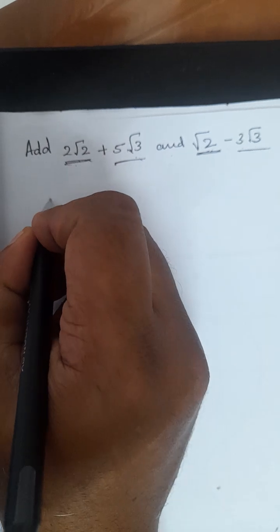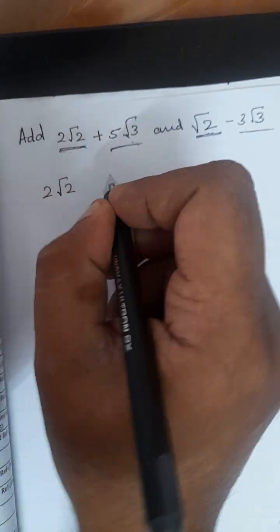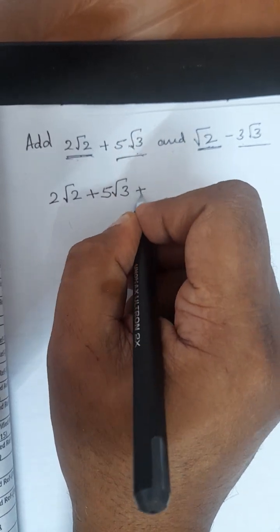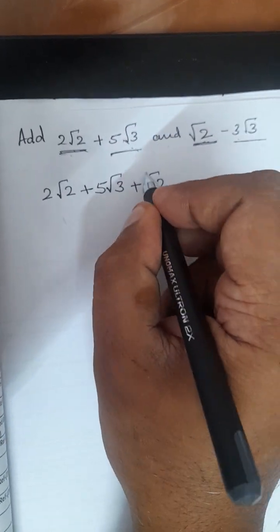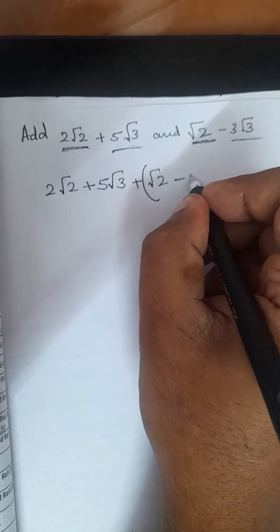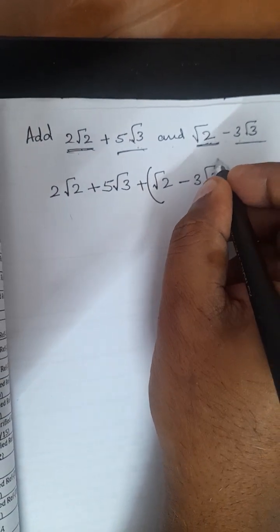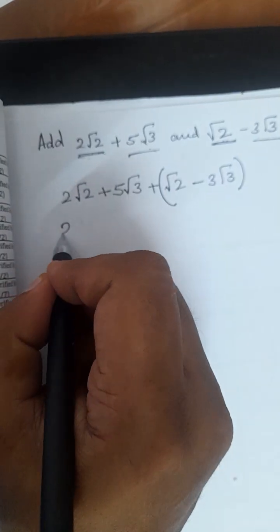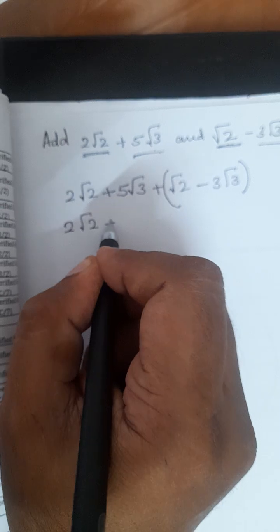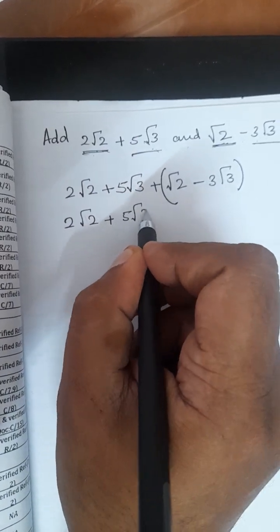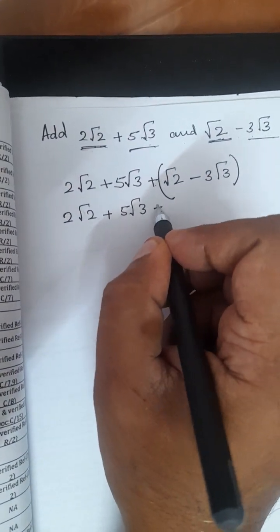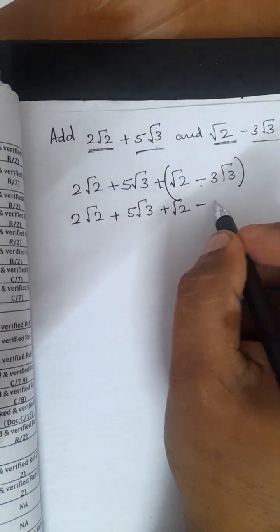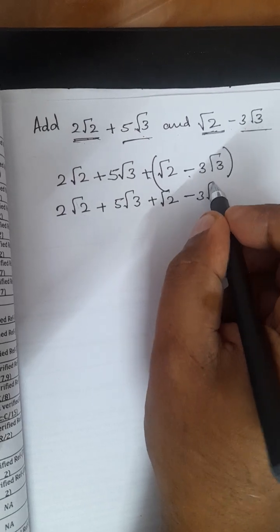So let's add this. 2 root 2 plus 5 root 3, plus root 2 minus 3 root 3. I'm putting it in a bracket initially so that you don't get confused. So this has to be added to this. So I open the bracket, root 2 plus 5 root 3, plus into plus is plus root 2, plus into minus is minus 3 root 3.